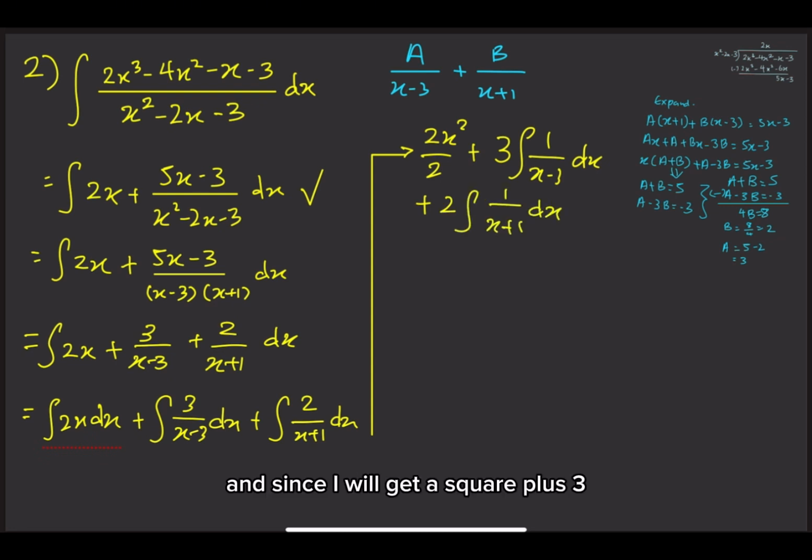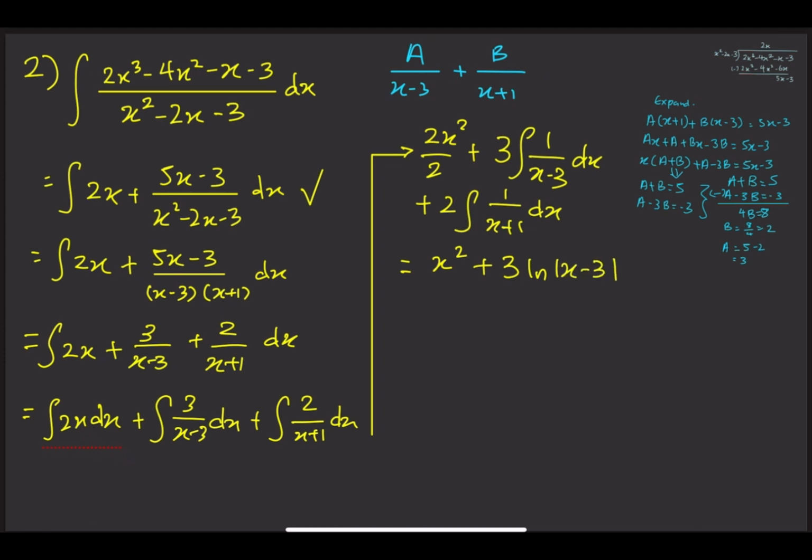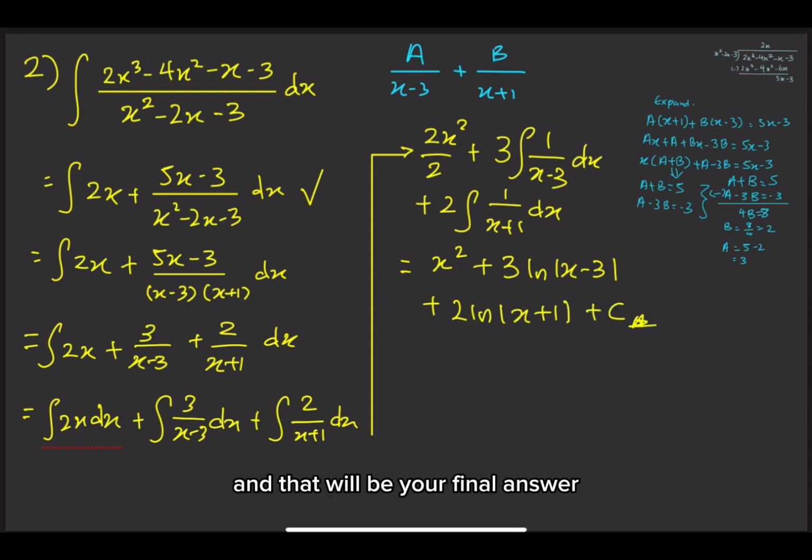The first is x squared over 2 times 2, so x squared. Then we separate out the 3 as a multiplier, and the 2, and we get x squared plus 3 natural log of x minus 3 plus 2 natural log of x plus 1 plus c, and that will be your final answer.